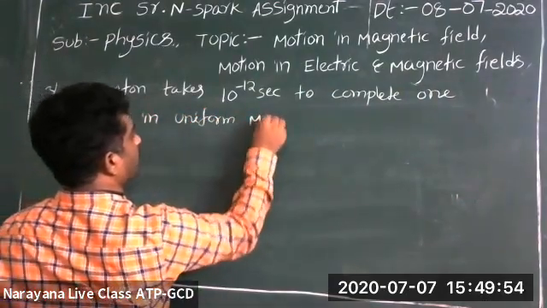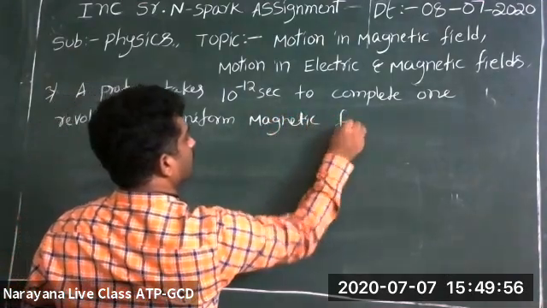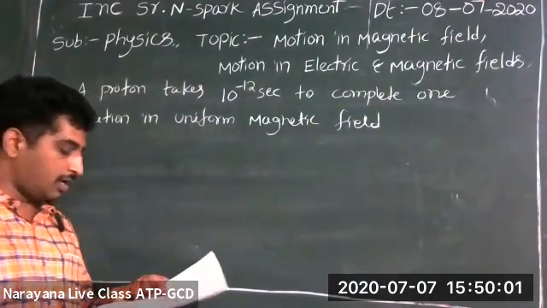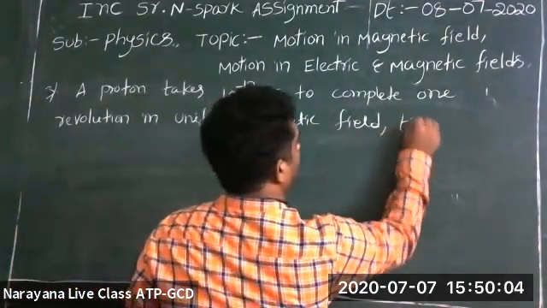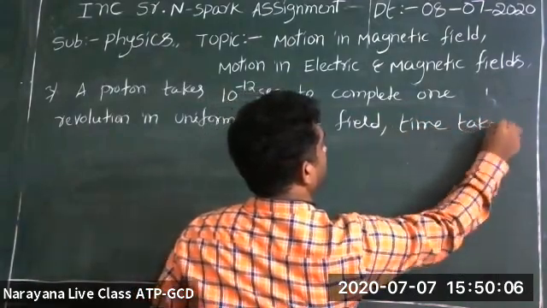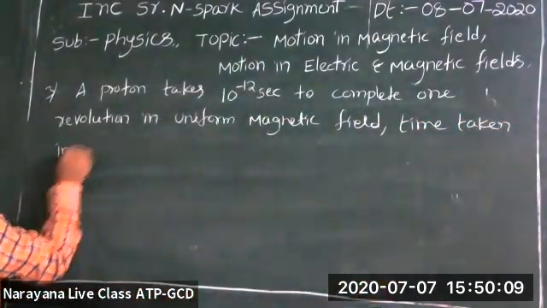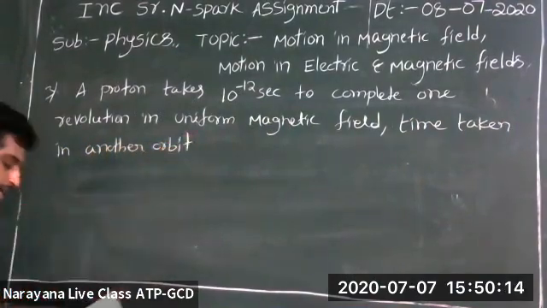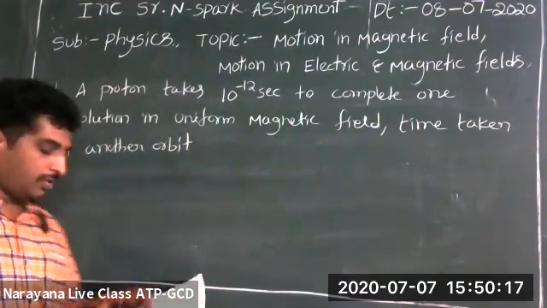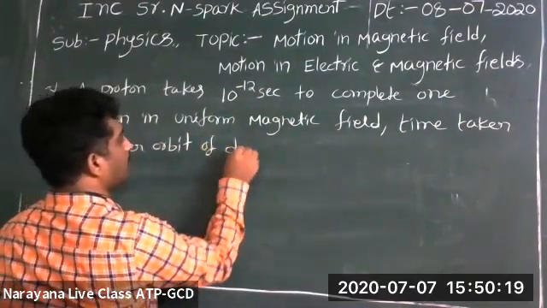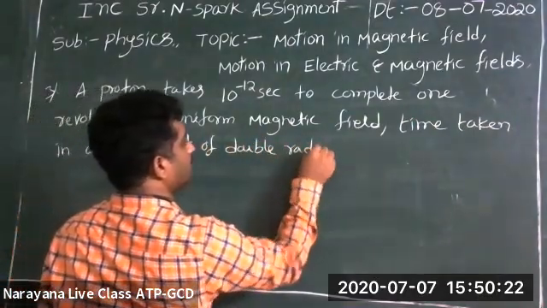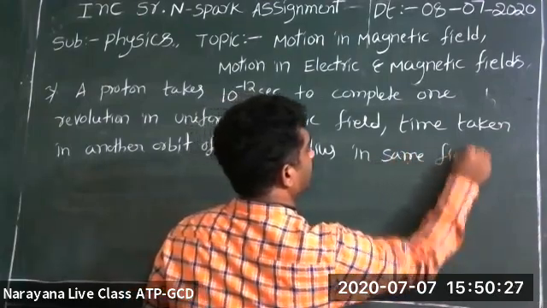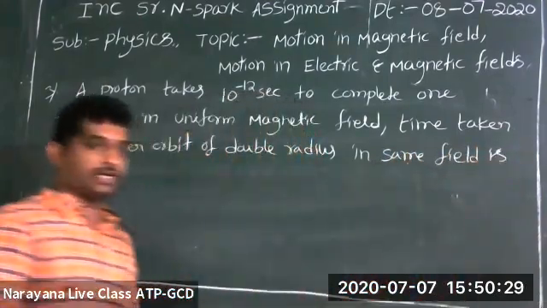What is the time taken in another orbit of double the radius in the same field? The time period is how much?